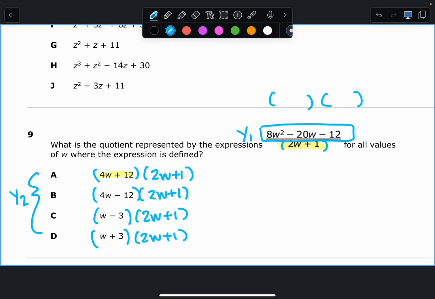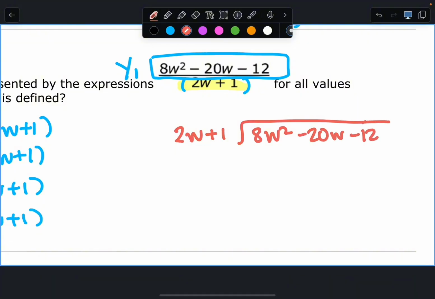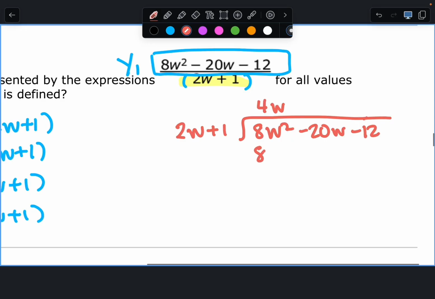Now, let's go back over the long way to do it because I feel like some of you got confused on why we were doing that. Quotient means to divide, correct? Now, what do you multiply times 2w to get 8w squared? 4w. So 2w times 4w: 2 times 4 is 8, w times w is w squared.